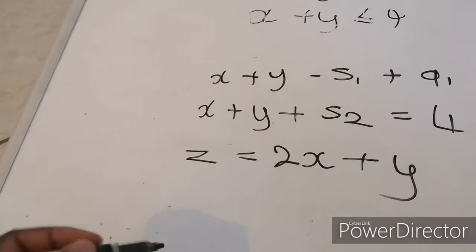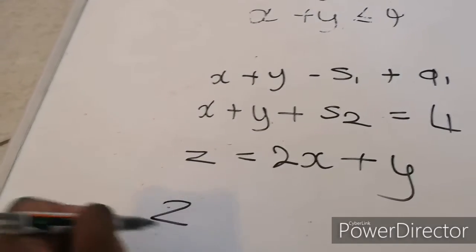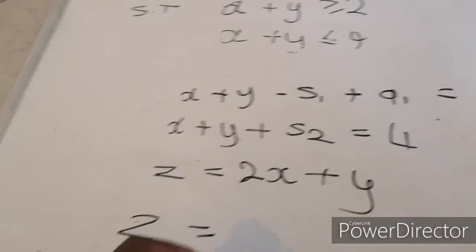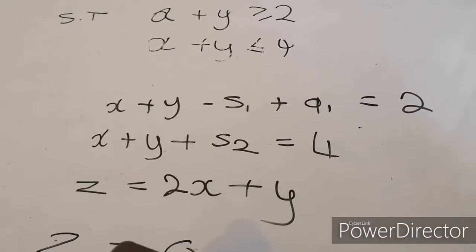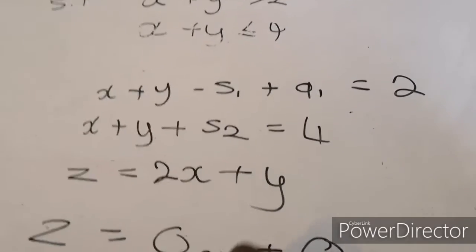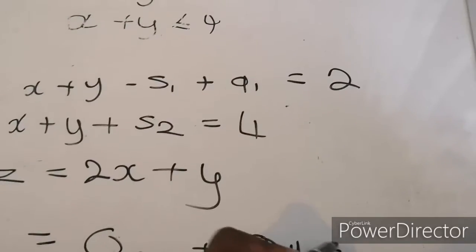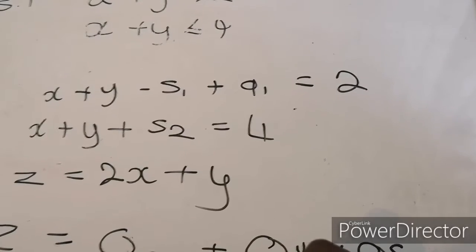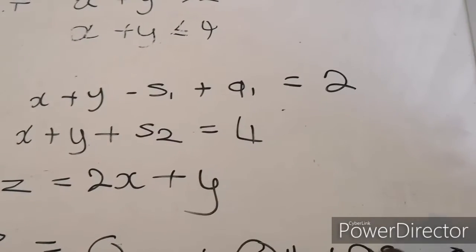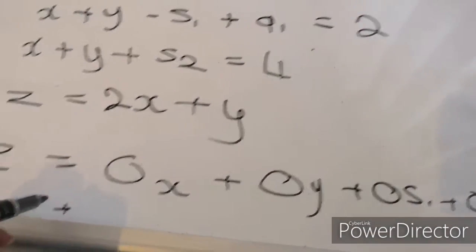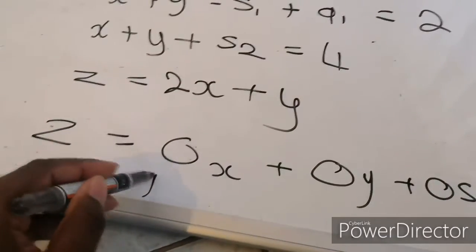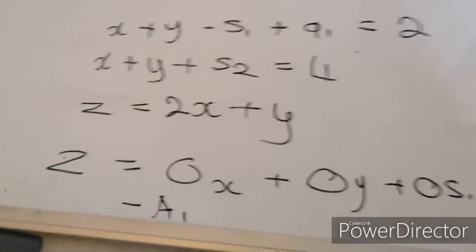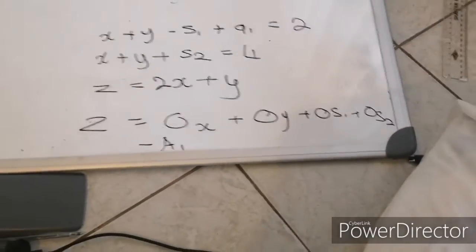We would populate these: 0x plus 0y plus 0s1 plus 0s2 minus a1 for our table.